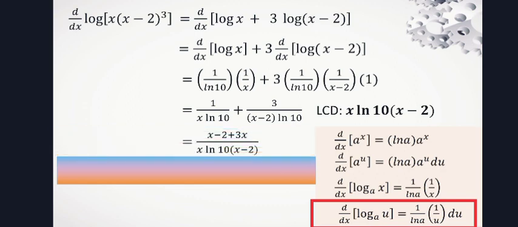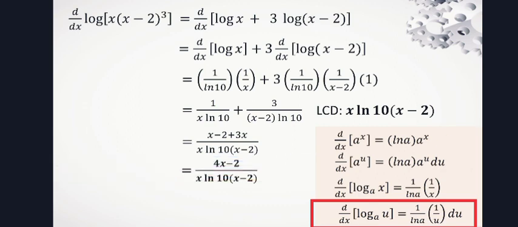We will get x minus 2 plus 3x over x inverse 10 times x minus 2. Then, yung nasa taas combined like terms, pwede natin isama si x at saka si 3x to get 4x minus 2 all over x inverse 10 x minus 2. And this is the final answer.